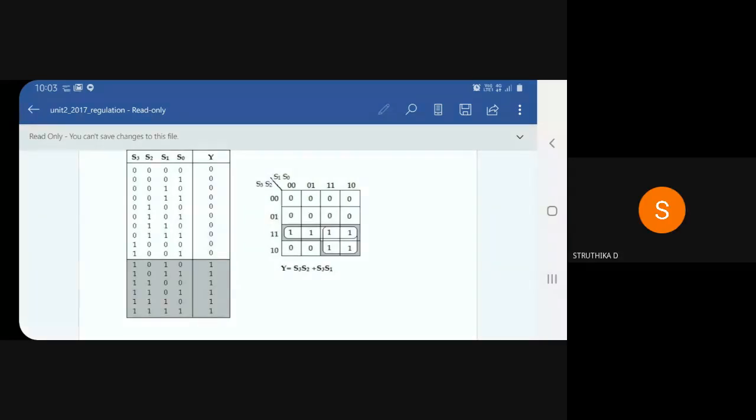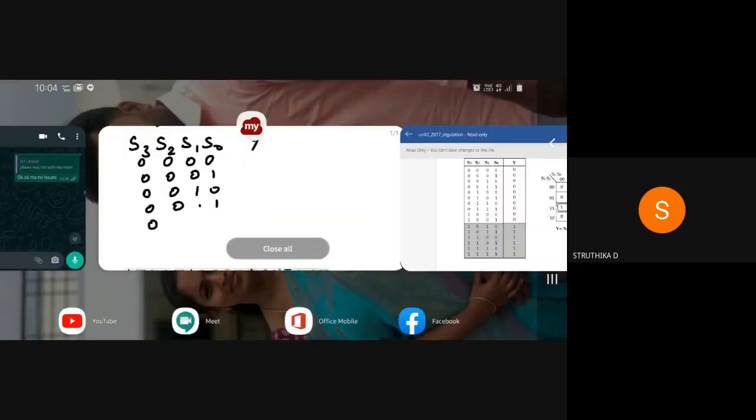Yes, ma'am. Okay. So with the inputs S3, S2, S1 and S0, they substituted the column Y in the K-map, mapped it and got the equation Y equal to S3 S2 plus S3 S1. For your verification, I just solved it.